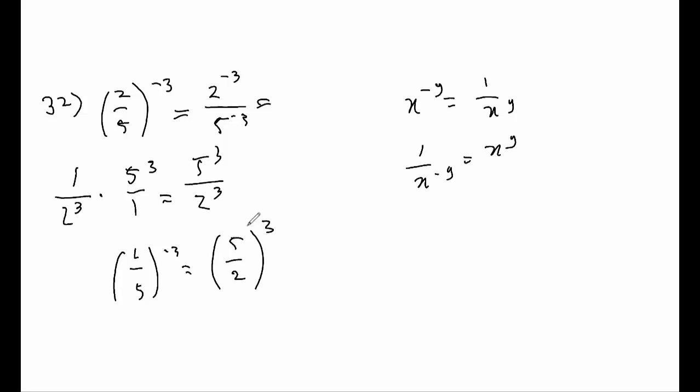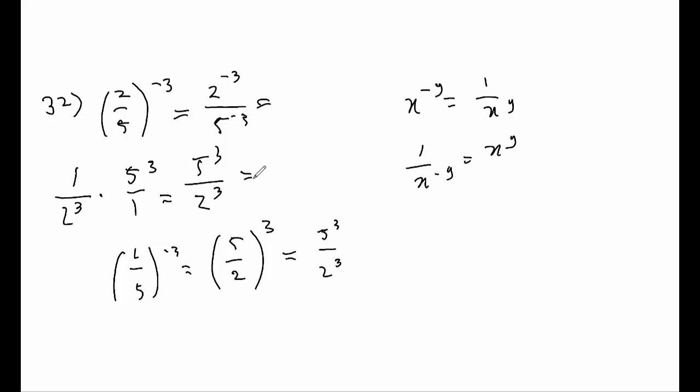Either way you look at it, it's fine, because in the end, we will get 5 to the third, 2 to the third, and in both cases, we have 5 to the third.